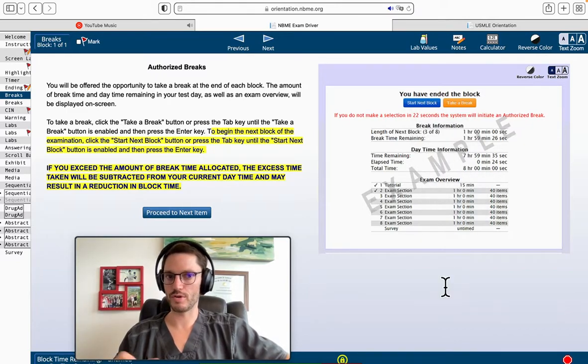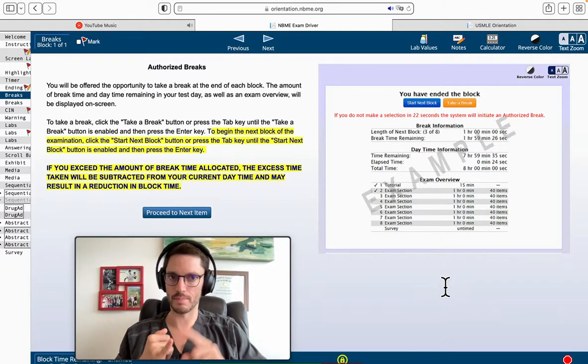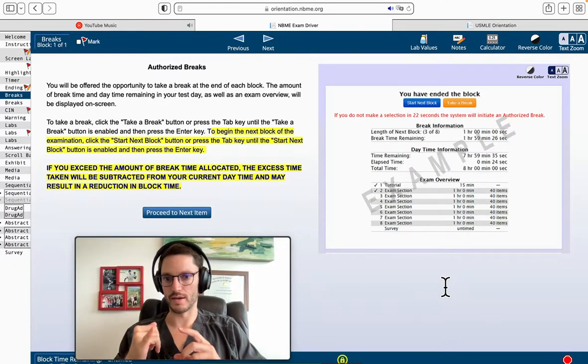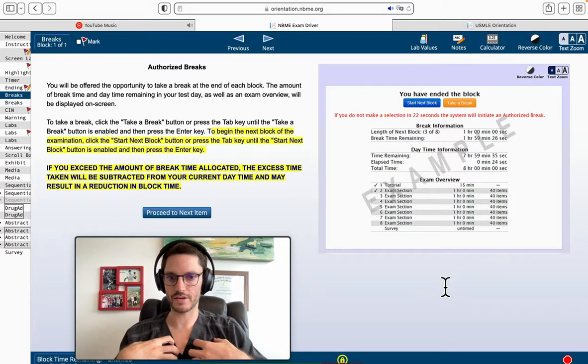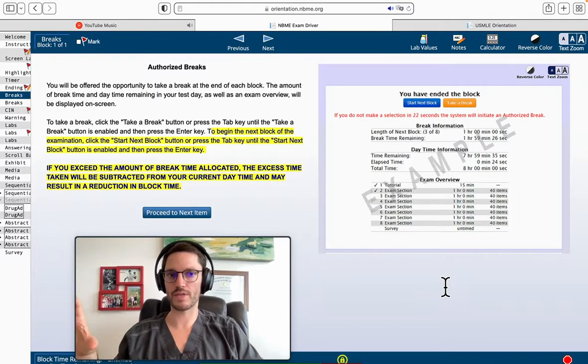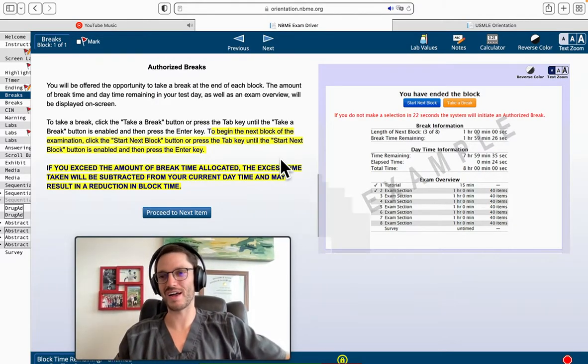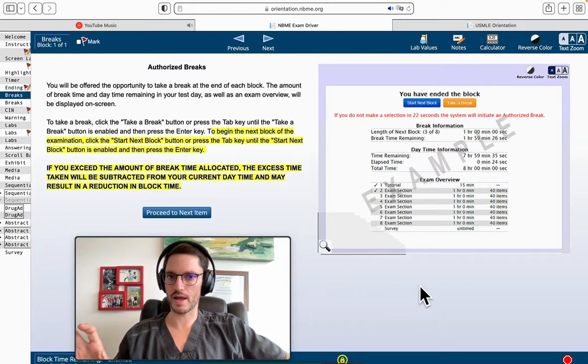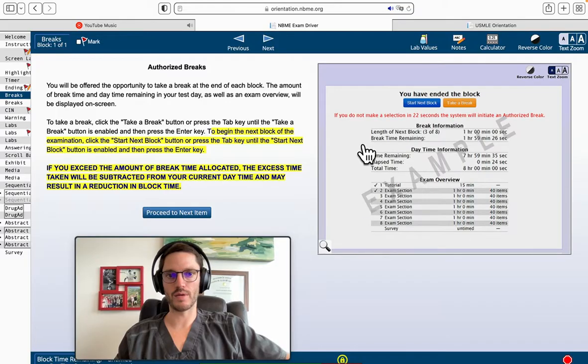But be sure how you manage your time. Be sure that you don't have to pee in the middle of a block, and be sure that you go. In my Step 2 exam, between every block, I went to the bathroom. That's the first thing I did. As soon as I finished the block, the hour was over, I would just press take a break.